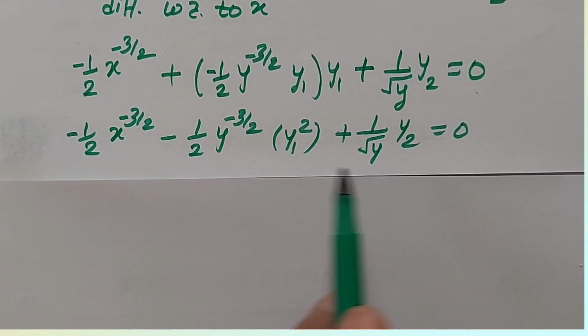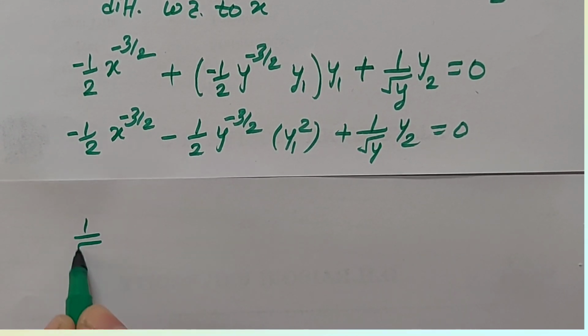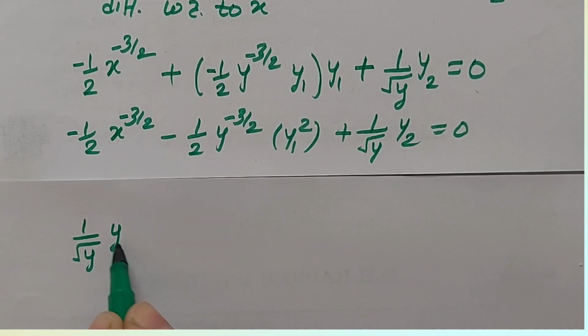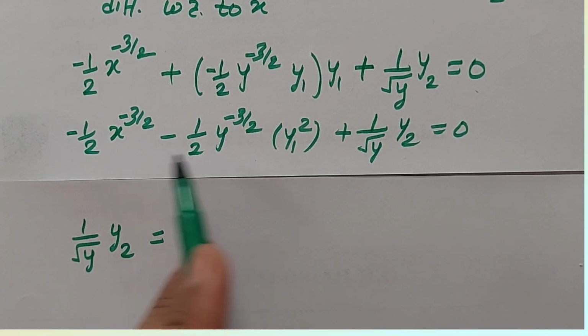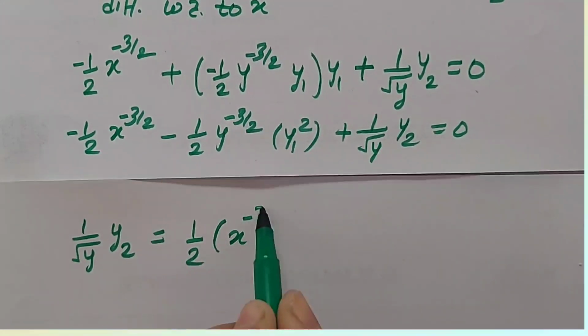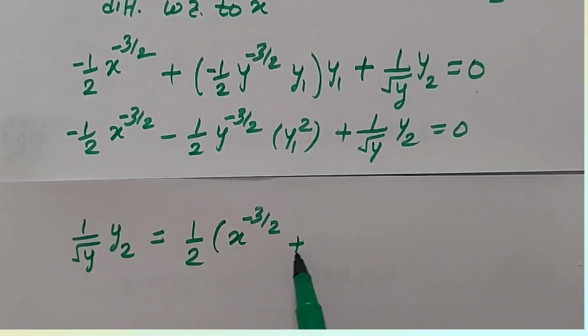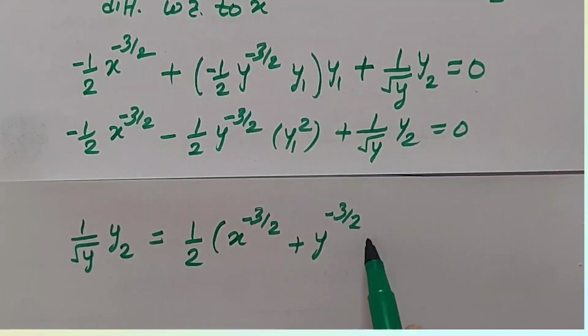If we write y2 is equals to, then shift this term into the right hand side, then it is 1 upon under root of y, y2 is equals to 1 by 2. Here 1 by 2 is common in this term. So 1 by 2 in bracket x raised to the power minus 3 by 2 plus y raised to the power minus 3 by 2 into y1 square.